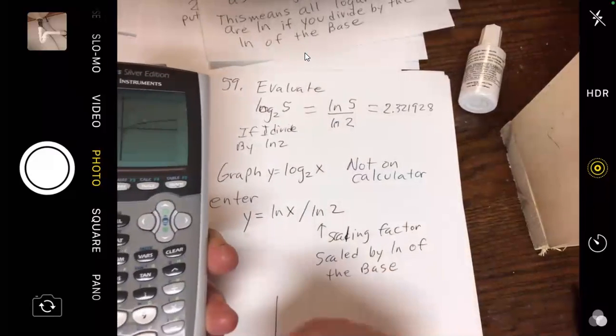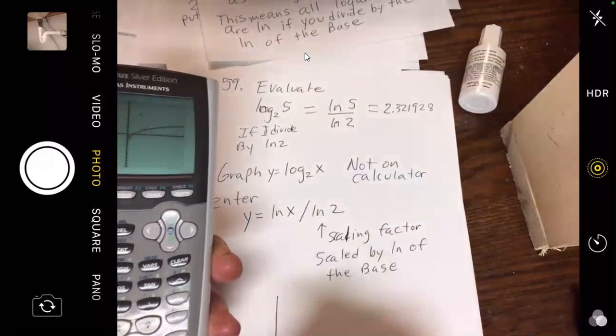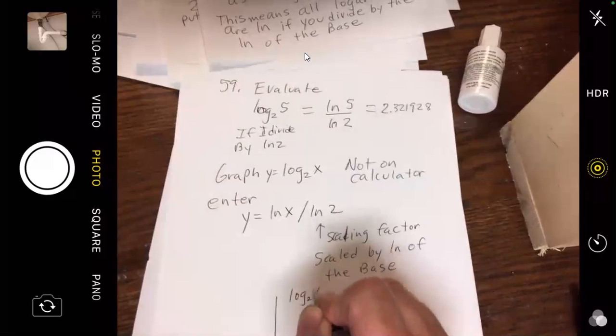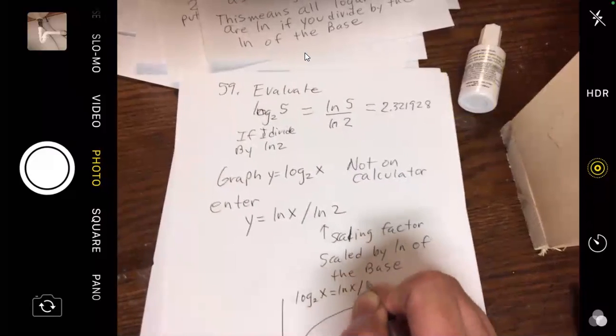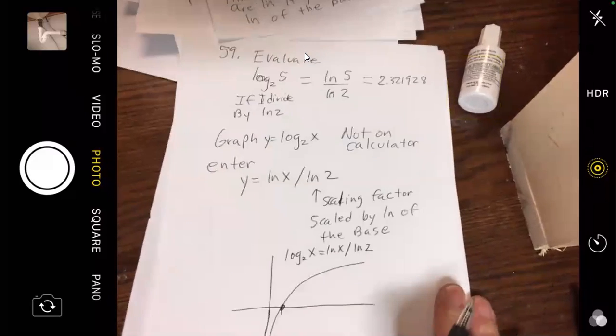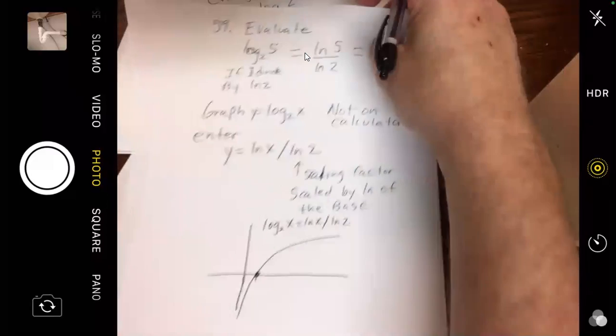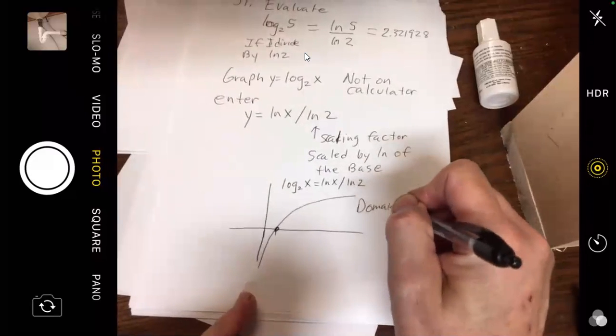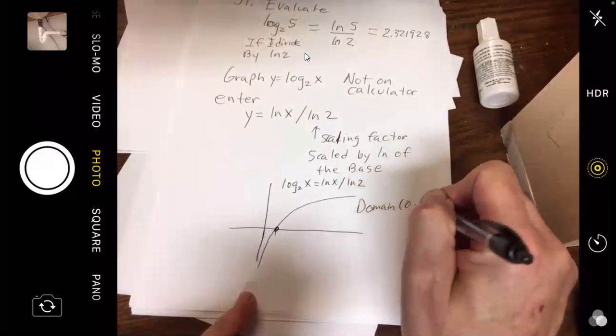It just has the same x-intercept. This is log base 2 of x entered as ln of x divided by ln of 2. Yeah, they'll ask you for domain, range, and asymptote, just to write them down. Domain: 0 to infinity.